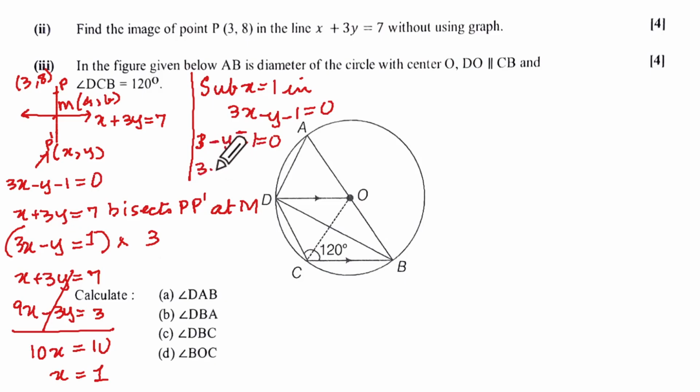So 3 minus 1 equal to y. That will give me y equal to 2. So therefore M is equal to 1 comma 2.